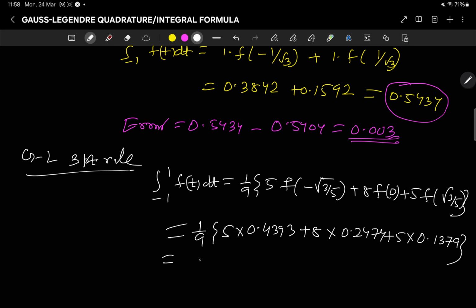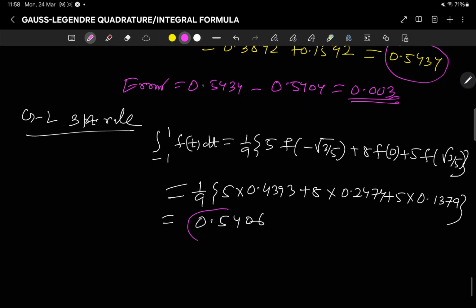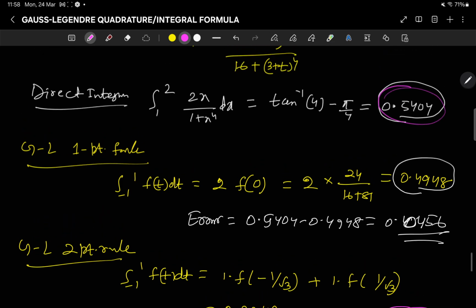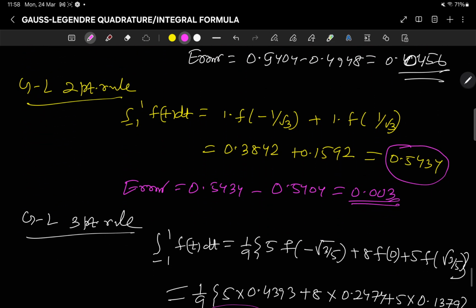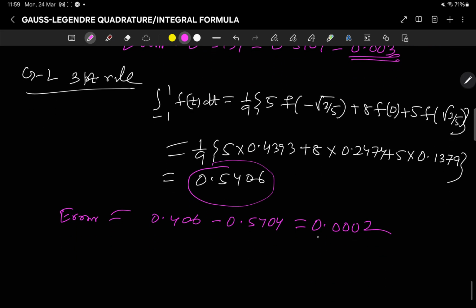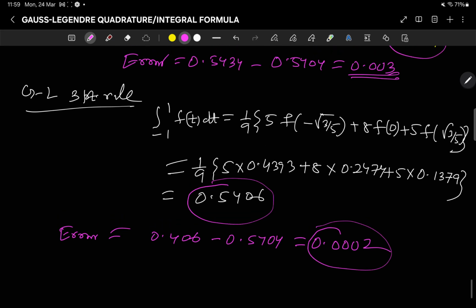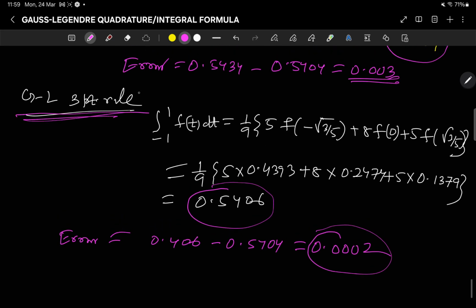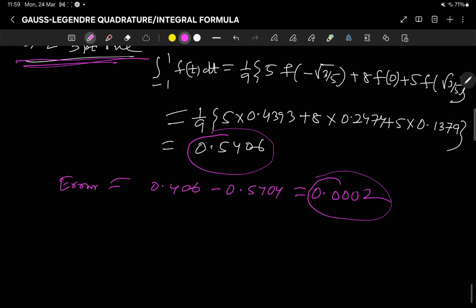And if you simplify it, it is 0.5406. Now what is your error? This is the numerical value and this is your direct value. So the error here is 0.5406 minus 0.5404, so this is 0.0002. You see, the error is quite minimized. So if it is asked to solve by Gauss Legendre rule, undoubtedly we should apply the Gauss Legendre 3-point rule. Okay, so with this we should conclude.